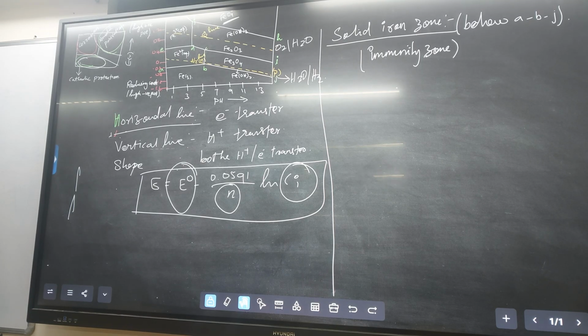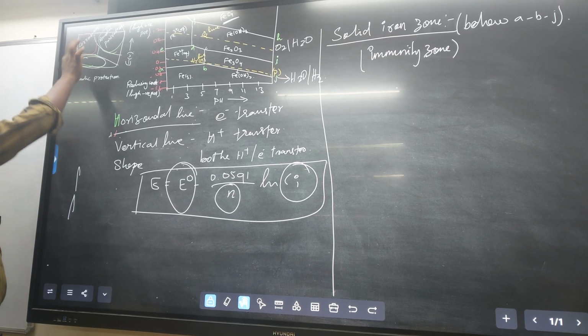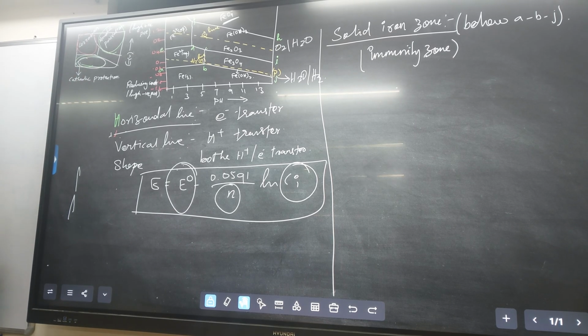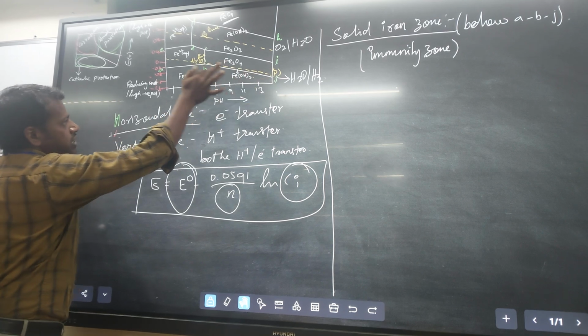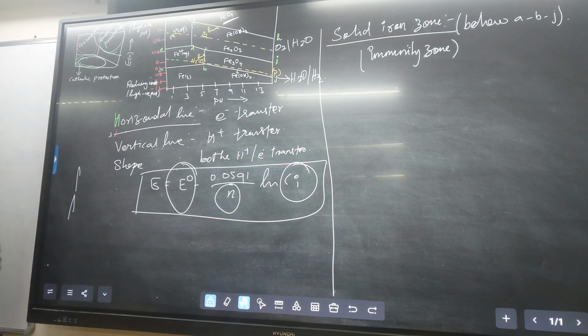Electron transfer does not happen, so no corrosion occurs in this zone. That's why we say it is the immunity zone, a safer zone. The iron metal is safe in the cathodic protection area. This is cathodic protection, the no corrosion zone below ABJ, where the iron stays as iron itself.